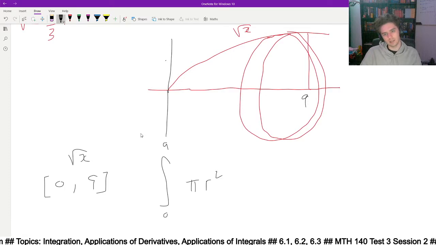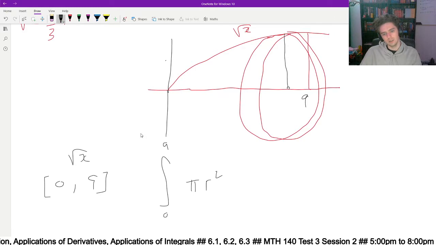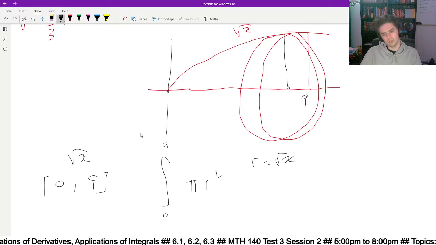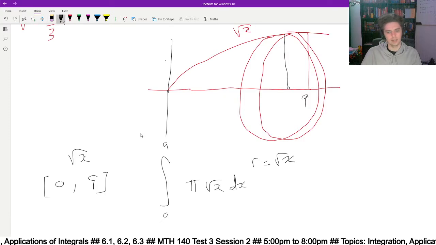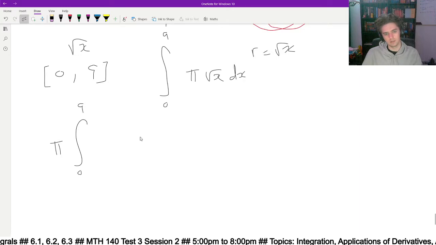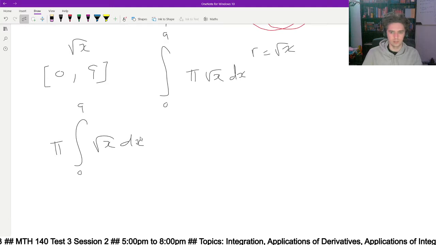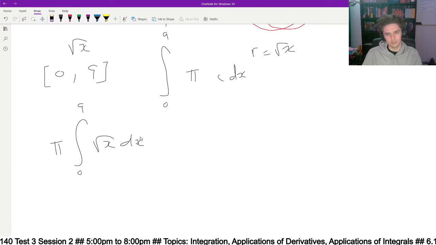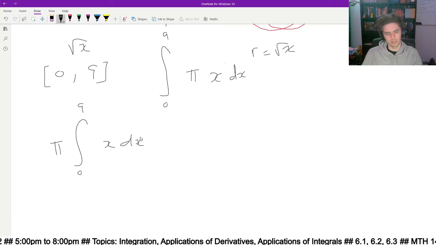And the value of r at that point is just the distance, it's just root x. So r equals root x. So pi r squared is going to be pi times root x squared dx. Move that pi to the front, 0 to 9. Squared is just going to be x, because it's r squared.